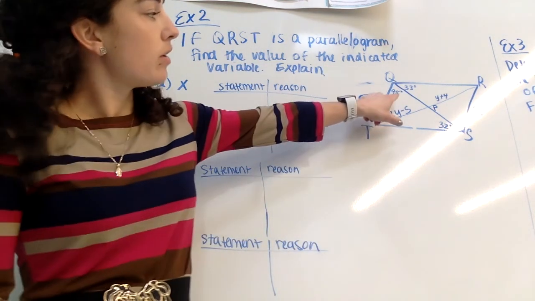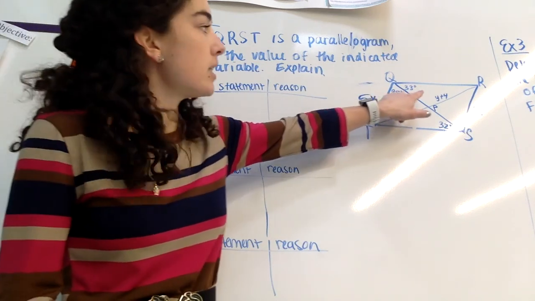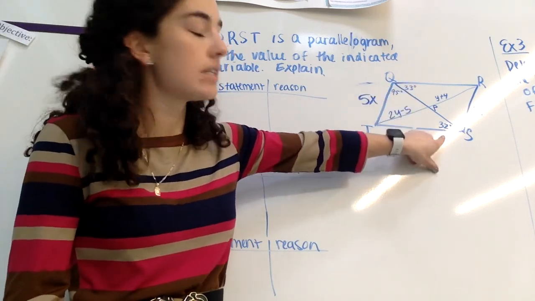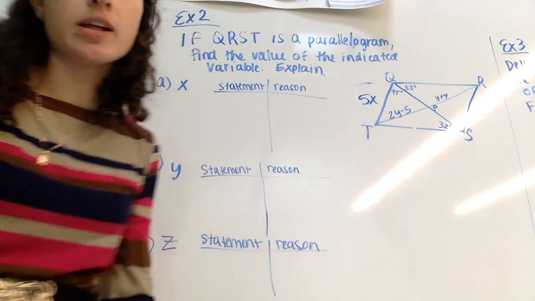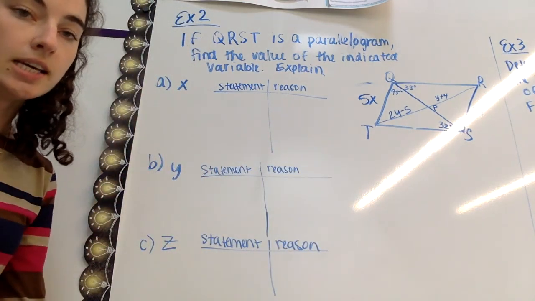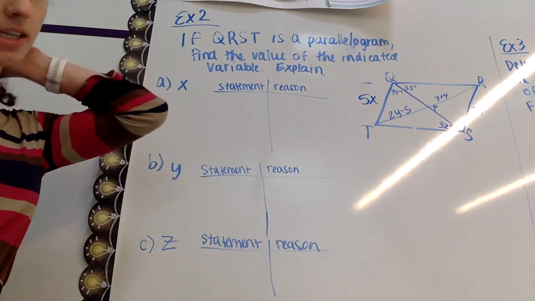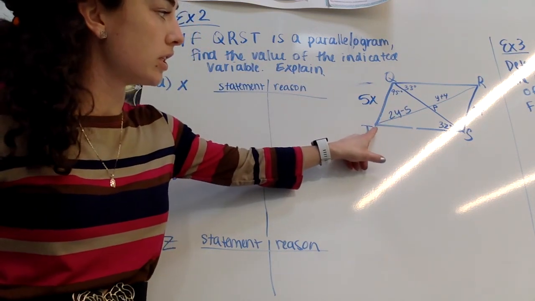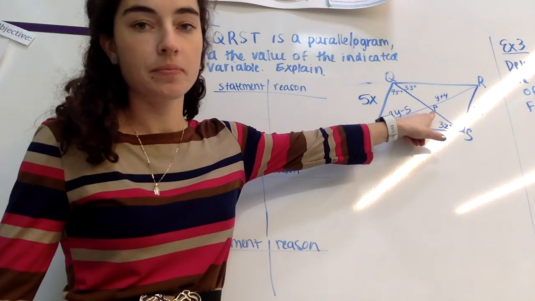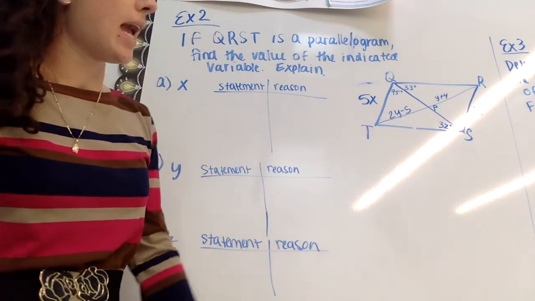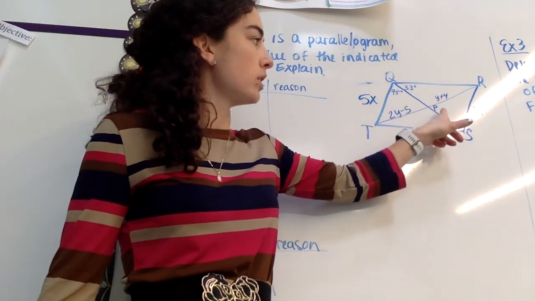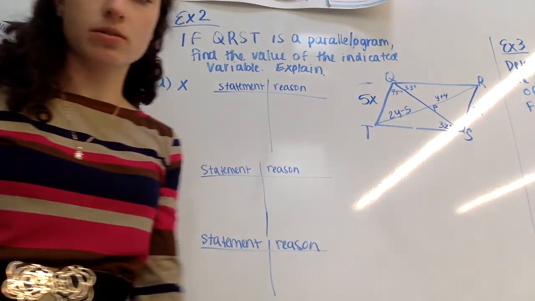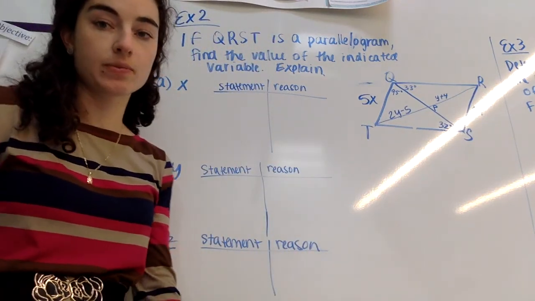This little angle is 95 degrees, this angle is 33 degrees. This angle down here, if you can't see it very well, is 3z degrees, so it's 3 times z degrees. And then this 2y minus 5 is referring to this segment T to P. Okay, it's not an angle. And y plus 4 is referring to P to R segment. Okay, so it's not an angle either.